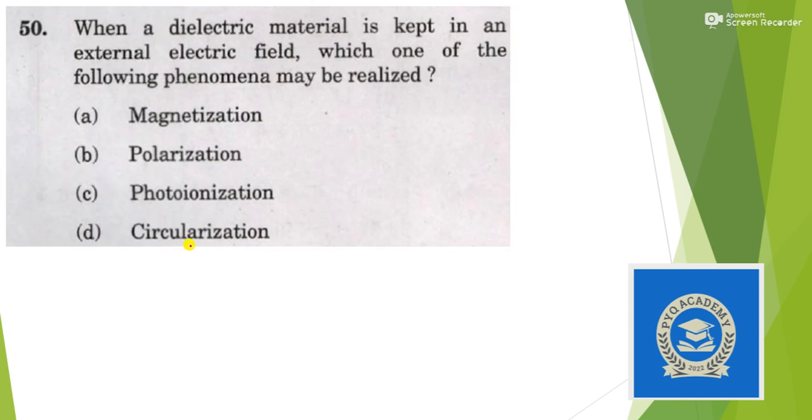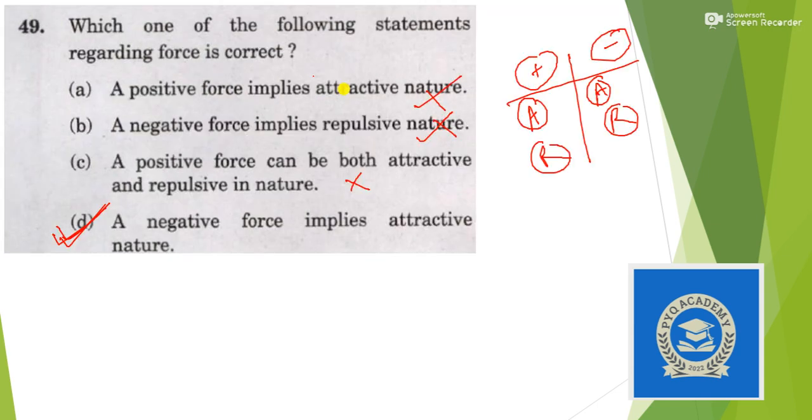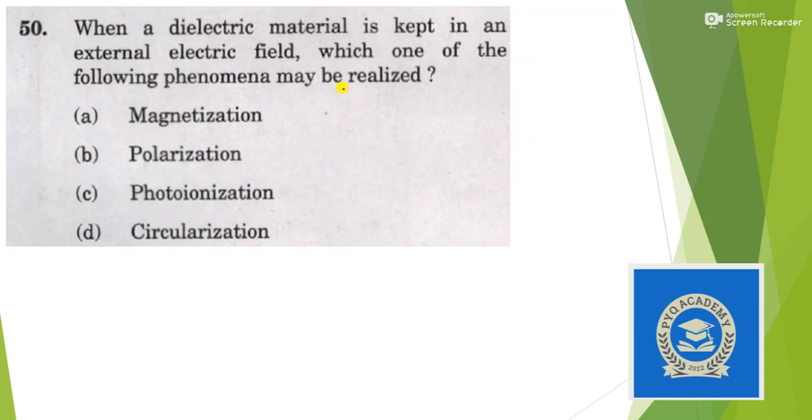Now when a dielectric material is kept in an external electric field, which one of the following phenomena may be realized? The earlier question and this question are from higher NCERT. That means those concepts are not given in 9 and 10 NCERT, but these are very few questions, so don't worry about that.